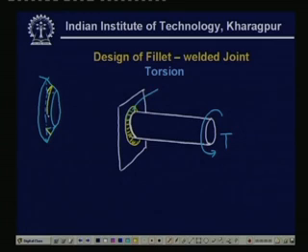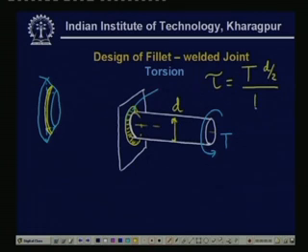So, therefore, the shear stress due to torsion will be maximum over this surface. Then how to calculate the polar moment? You remember the formula, that is, the shear stress due to torsion will be equal to T times C, and if you consider the diameter to be D, then D by 2, divided by IP.